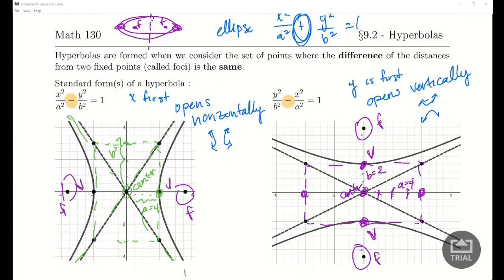So for a hyperbola, you are flipping that shape. And here are your focus points now. They're still inside the curvature, but they're outside of your little box. Okay, so we have talked about that stuff now.